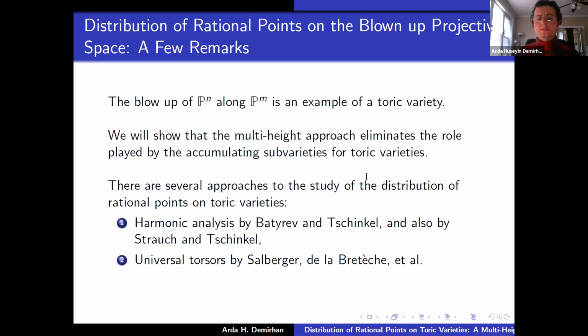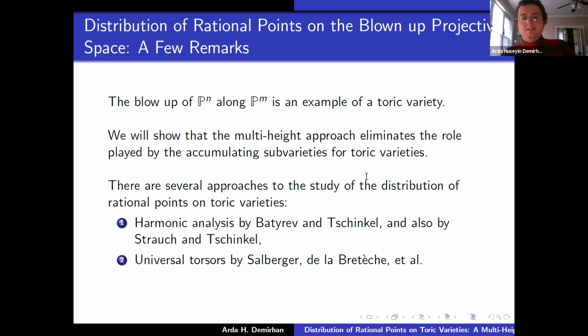For the method of universal torsors, the idea is to relate points on a projective variety to integral points on the universal torsor of the variety. A naive example would be the one-to-one correspondence between Q-rational points of P^n and primitive (n+1)-tuples of integers.